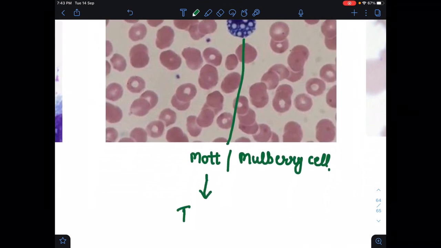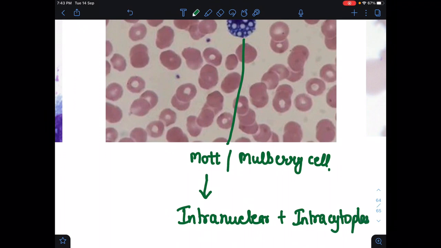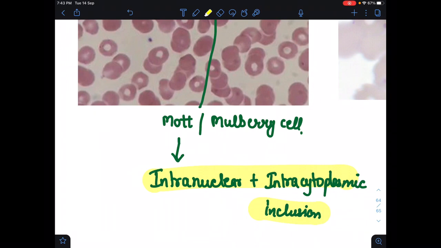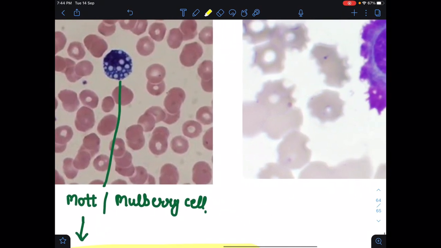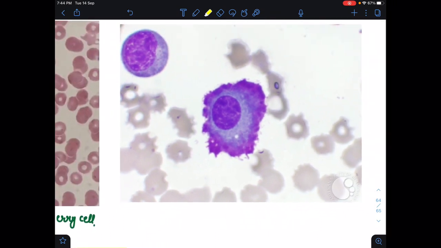We find both intranuclear and intracytoplasmic inclusions, meaning the inclusion is seen in the nucleus as well as in the cytoplasm. Please remember that both intranuclear and intracytoplasmic inclusions are seen in the Mott or Mulberry cell, which is seen in multiple myeloma. Now the last one is the flame cell.